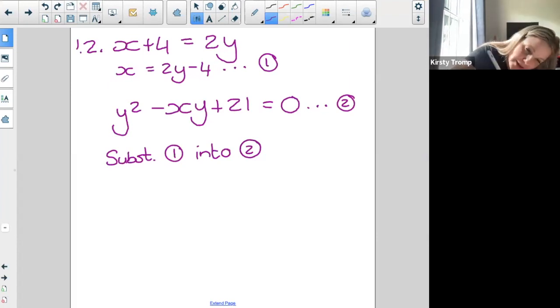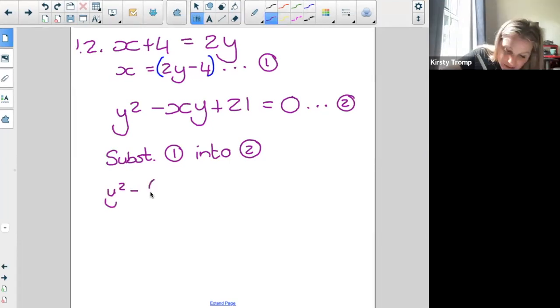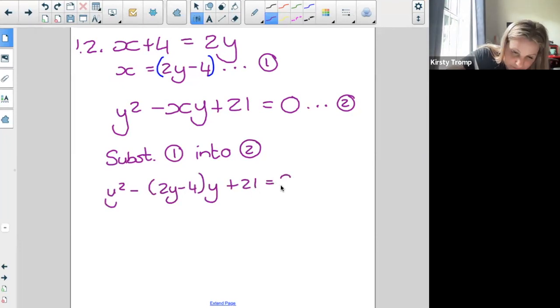I'm going to put some brackets here for myself so that I can tell that I need to substitute that whole thing in. So I've got y squared minus, instead of seeing x, I'm going to see 2y minus 4, minus 4y plus 21 equals 0. You go from there, guys.